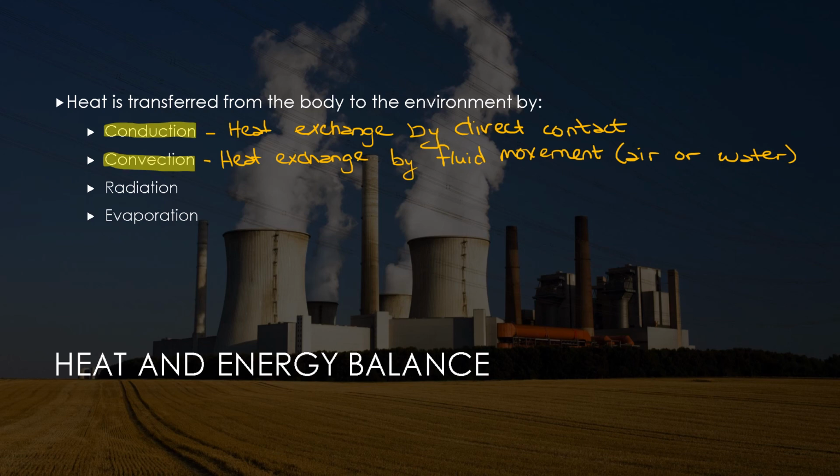So contact with air or water with your body results in heat transfer both by conduction, because the molecules of air and water are directly contacting the molecules of your body, but also by convection, because of that fluid movement over your body.